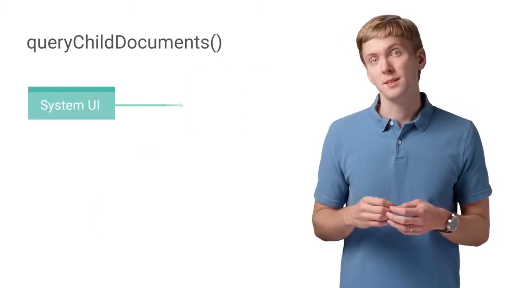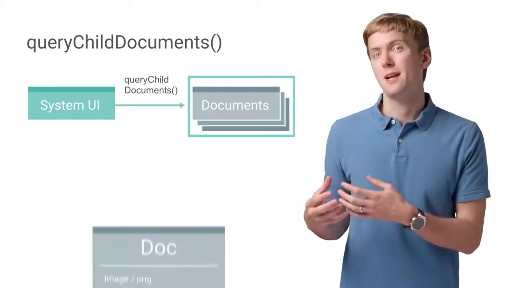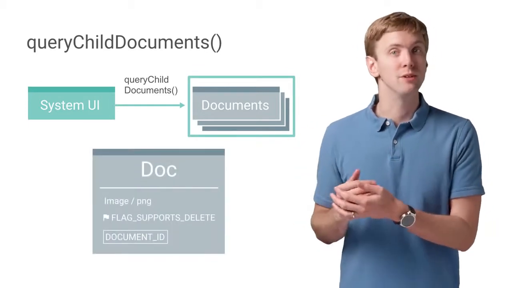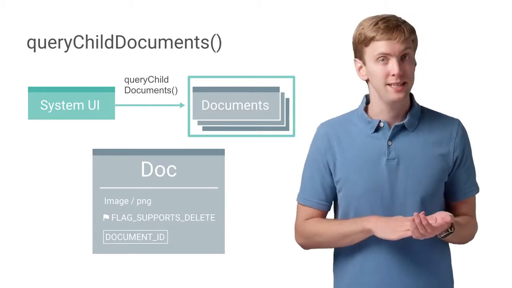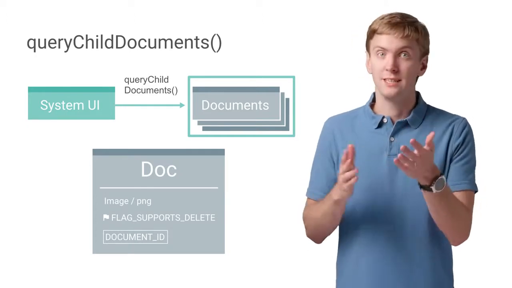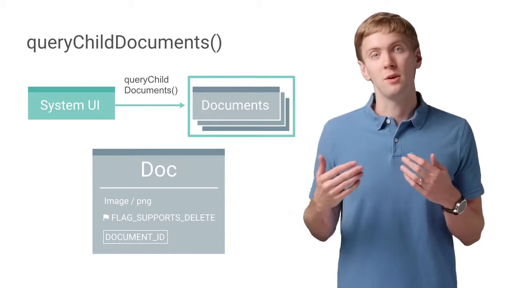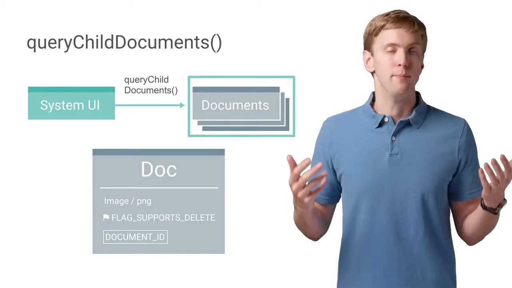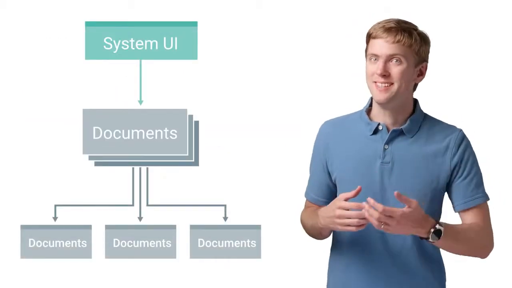Query child documents is where you're given a directory's document ID, and you return metadata about all of its direct children. This metadata would include document IDs, a display name, what gets shown to the user, a MIME type, and flags indicating whether it could be written, deleted, renamed, and more. You might already be guessing what query document does then.